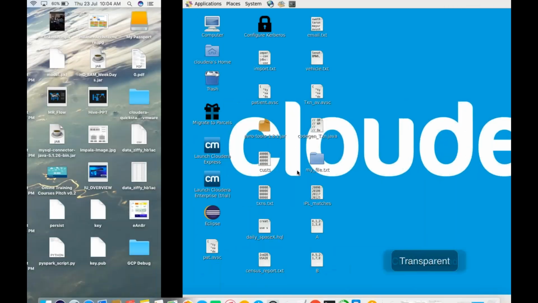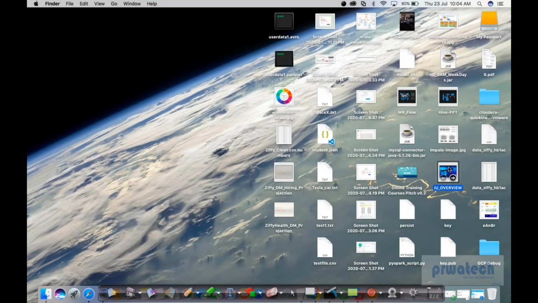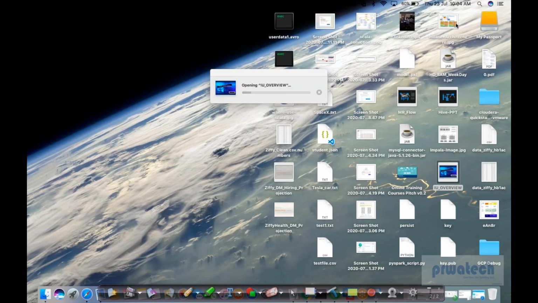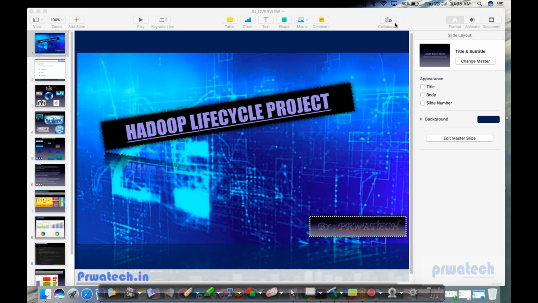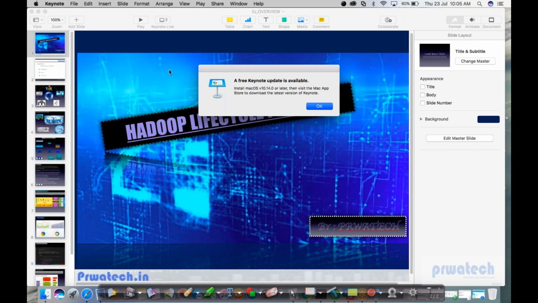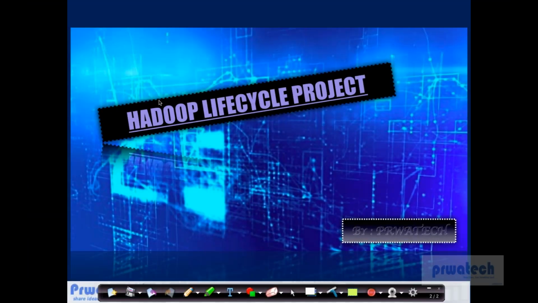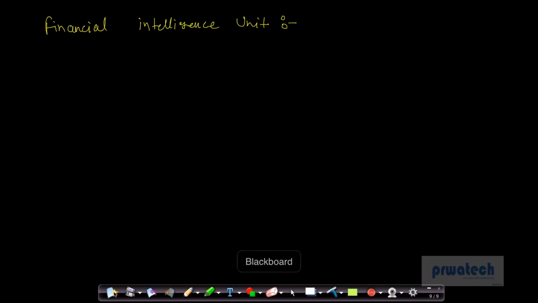Let's open that PPT and understand the complete workflow. All right, so first we will check the life cycle. When we discuss any life cycle of a project, the first thing that comes up is the software development life cycle.